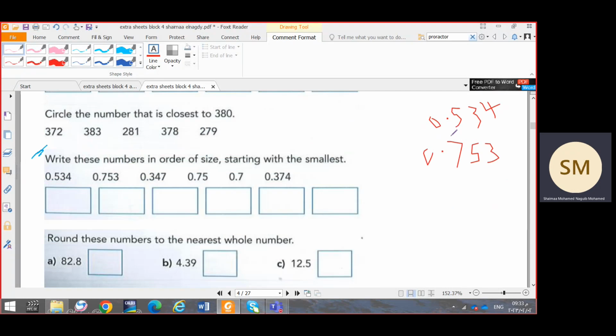Again, you will start comparing from the whole. If you find a whole, you will start comparing from the whole. You will start from the left.